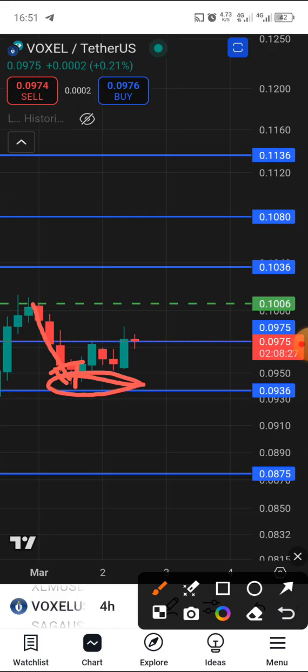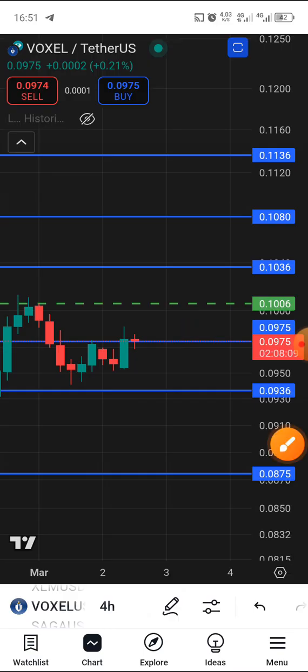It was the area of support, and prices went up, but it encountered a resistance and it moved down.